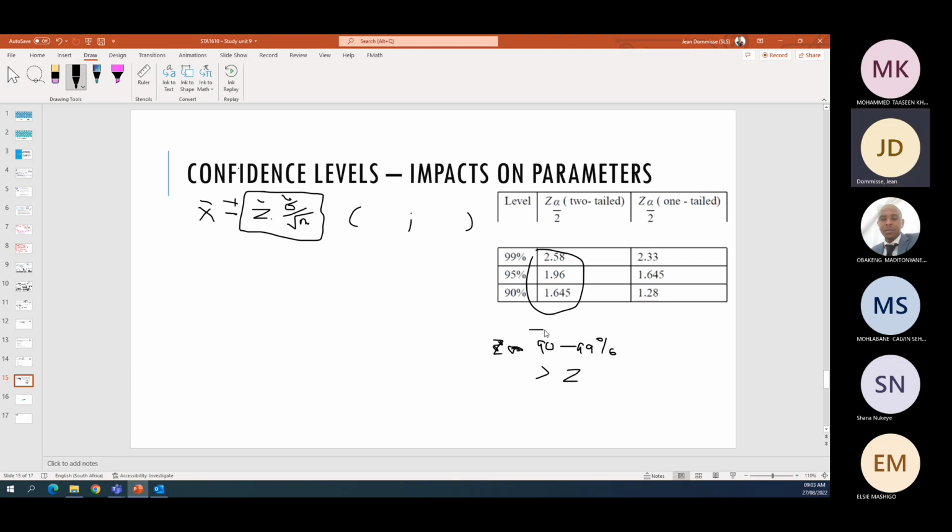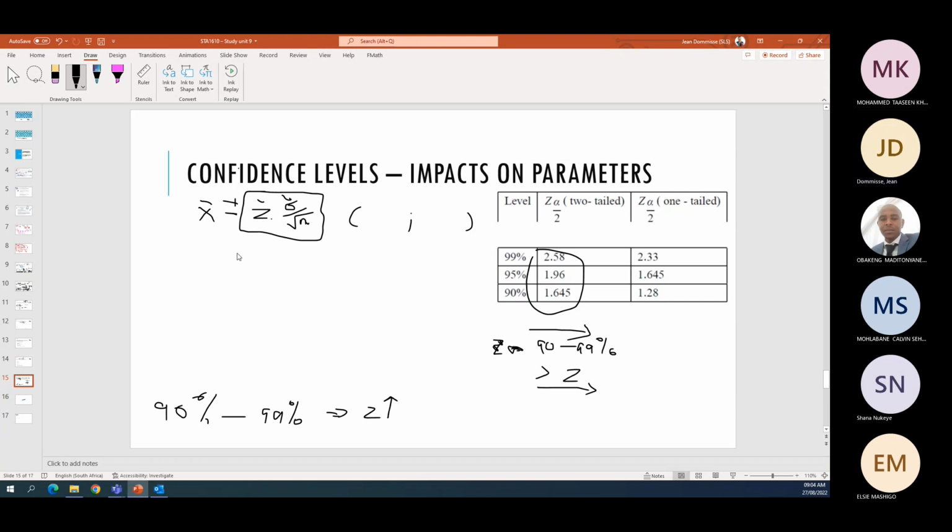If we increase the confidence level, we basically increase Z. So if you go from a 90% confidence interval to a 99% confidence interval, your Z will become bigger.